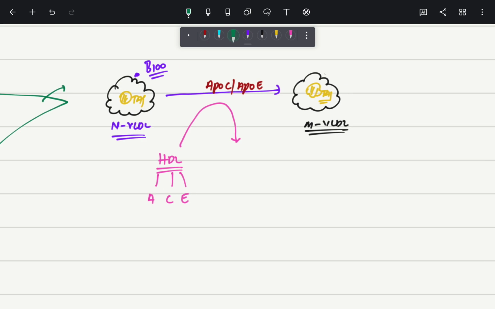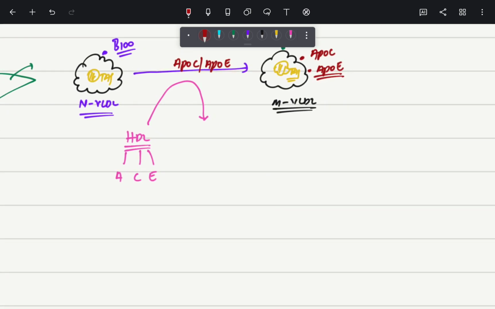So once again, the mature VLDL will have ApoB100, apoprotein C, and apoprotein E. And here is your remnant HDL, which will have only apoprotein A, since the C and E were donated to the nascent VLDL.